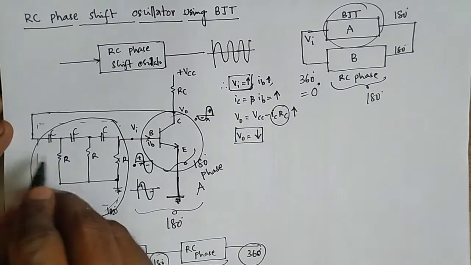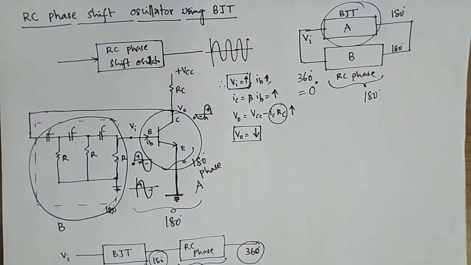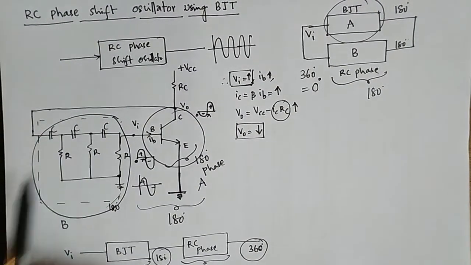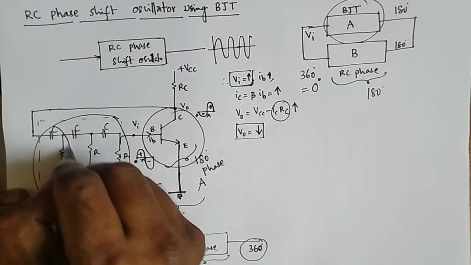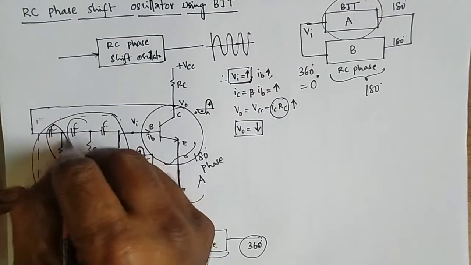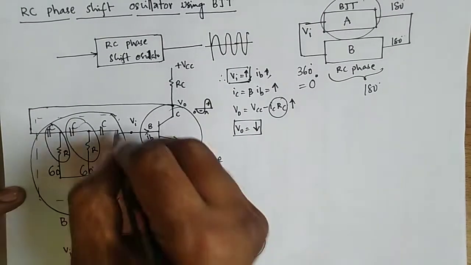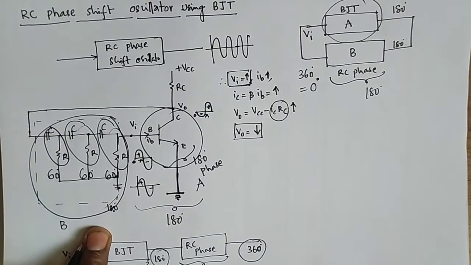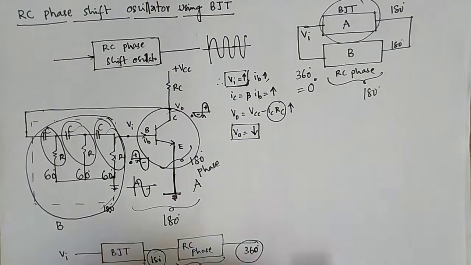Okay, so now in this circuit diagram, we are using 3 capacitors and 3 resistors. Each RC circuit acts as 60 degrees. This is also 60 degrees. This is also 60 degrees. The overall phase shift is 180 degrees.